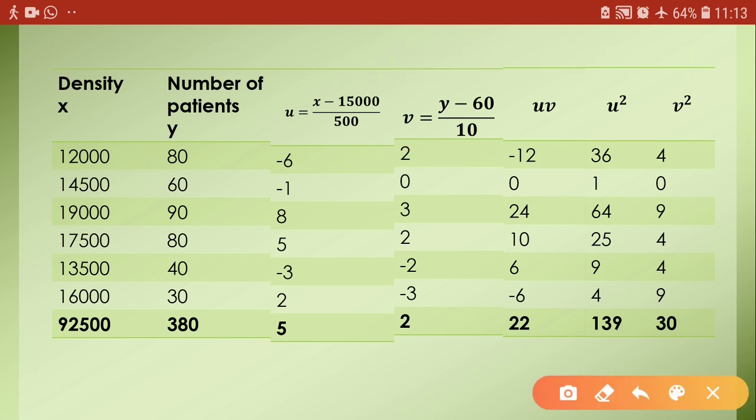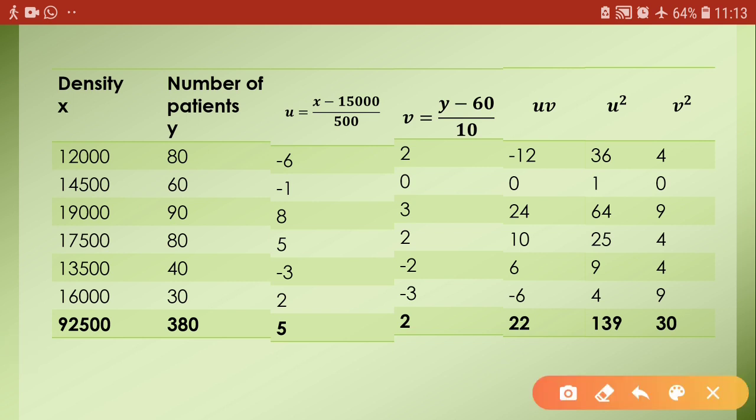Then let's take this, 60 minus 60 is 0, so the answer is 0. Then let's take 90 minus 60 is 30 upon 10 is 3. 80 minus 60 is 20 upon 10, 2. Minus 20 upon 10, minus 2. 30 minus 60, minus 30 upon 10, minus 3. So now you know how to find it.